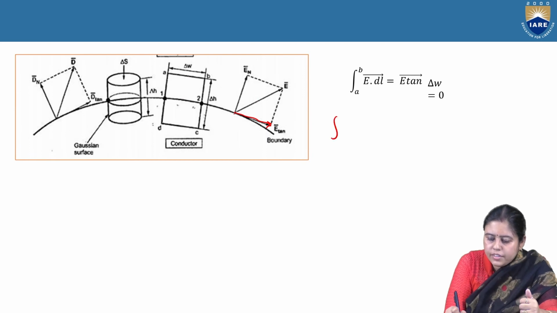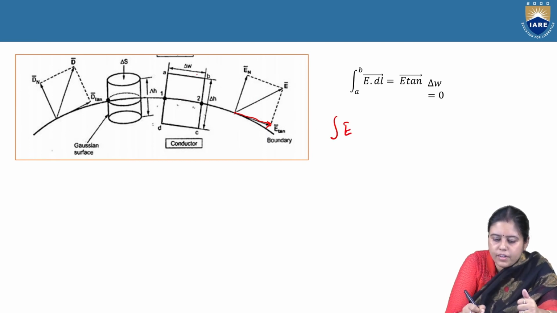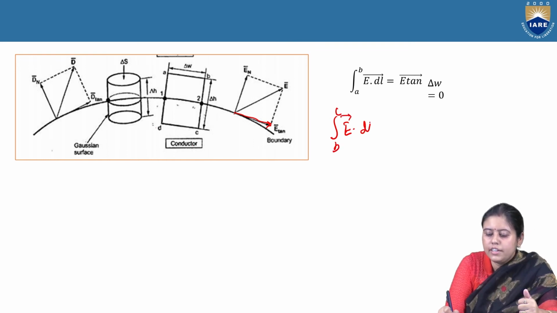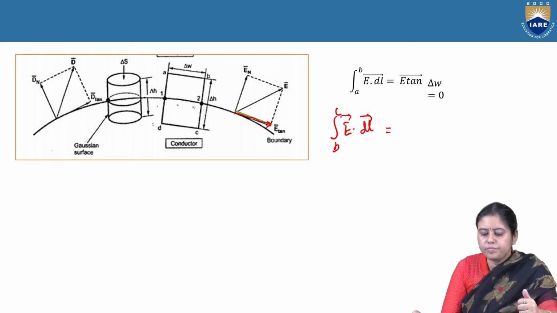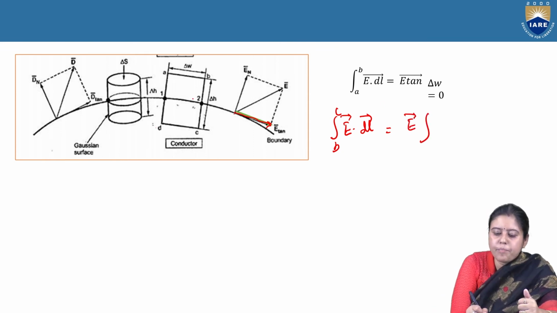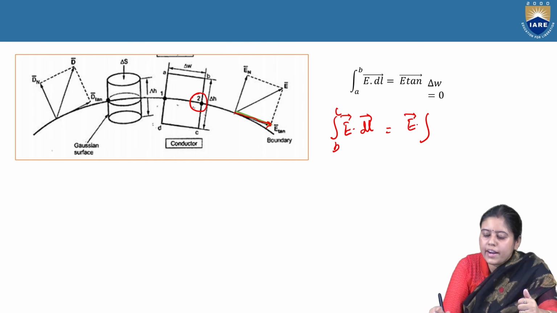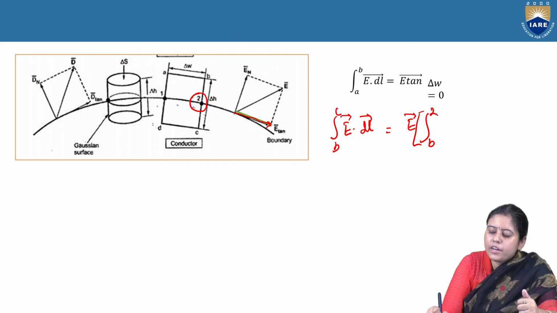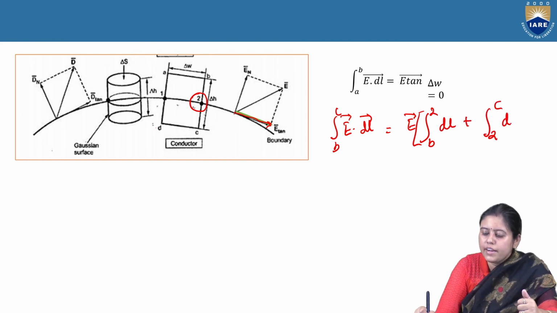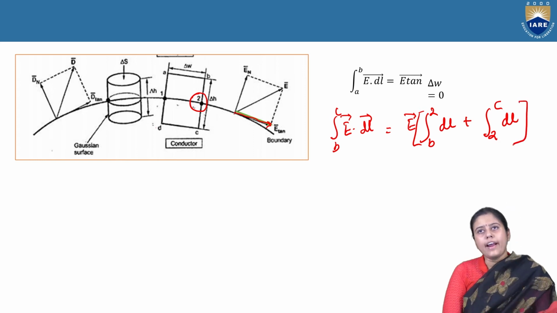So we have E dot dl from B to C. Here is a point 2, you can see. So we can split the integration into B to 2 dl plus 2 to C dl. We can write like this.